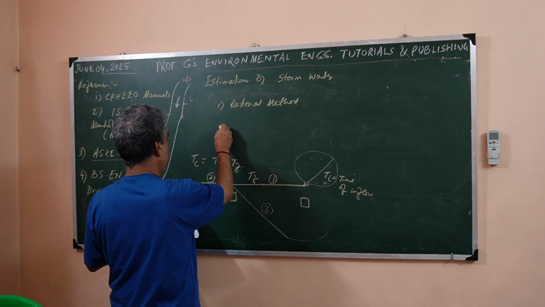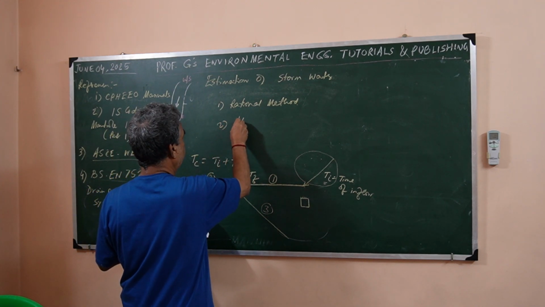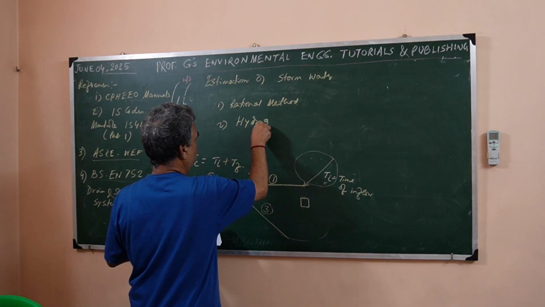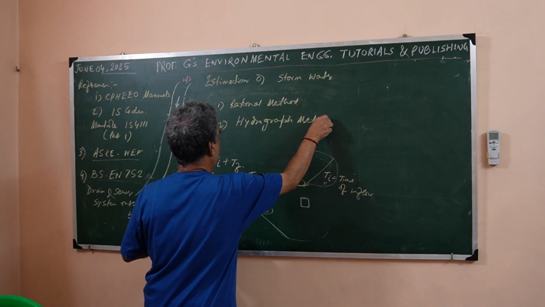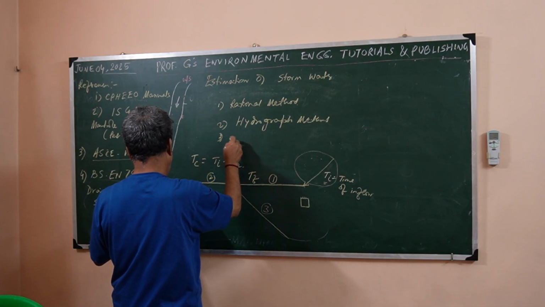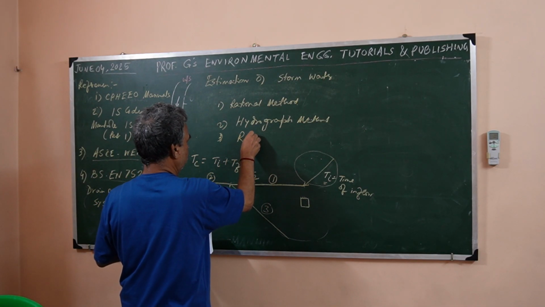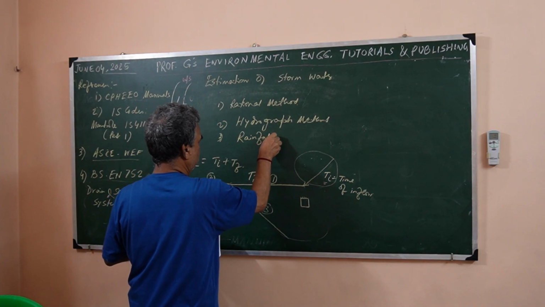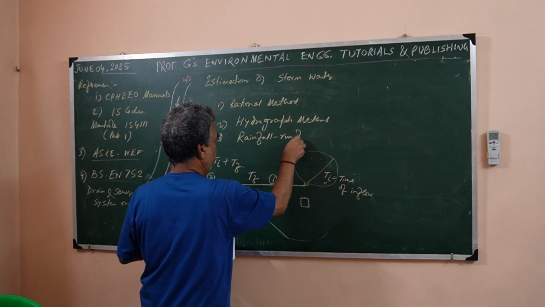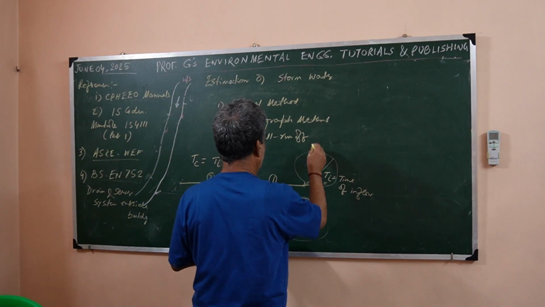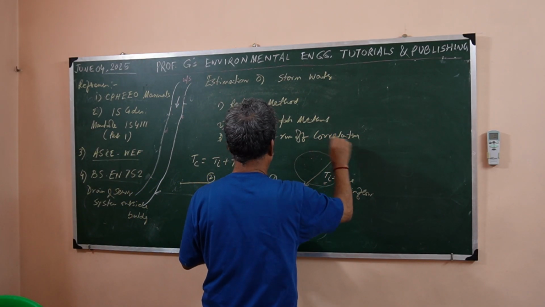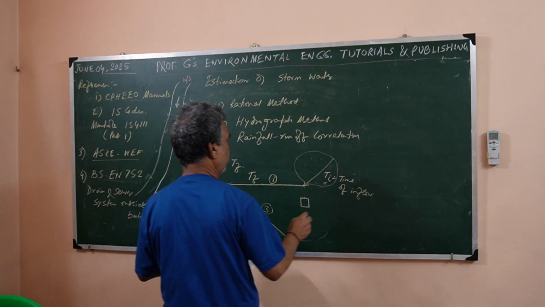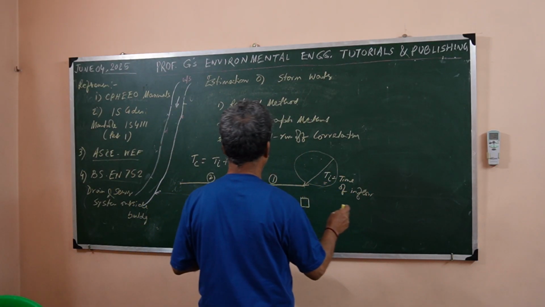Rational, this one. Then the hydrograph method. The third one is the rainfall-runoff correlation, an established correlation, if it exists at all for some areas.